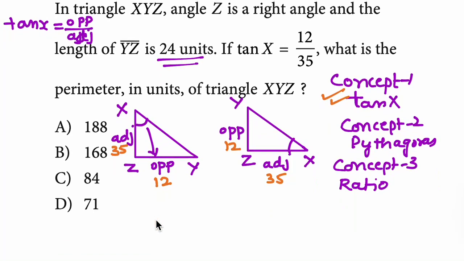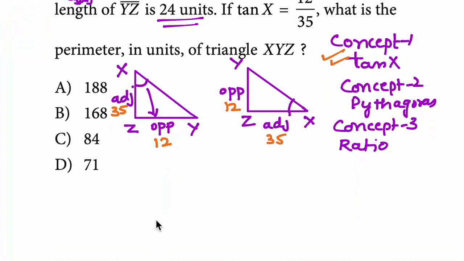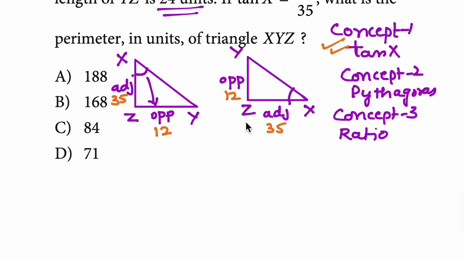Now the second concept is, because the perimeter of the triangle is asked, we need to find the third side, because perimeter is the sum of all sides, right? So in both cases, hypotenuse is the same. So XY whole squared is equal to XZ whole squared plus ZY whole squared.